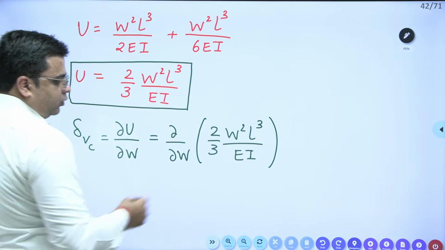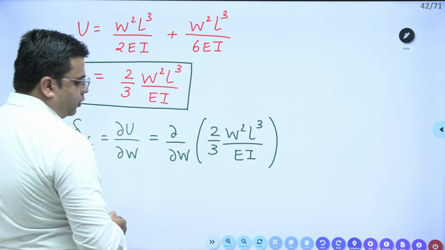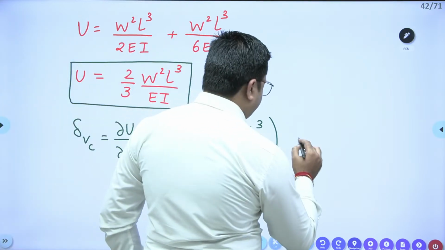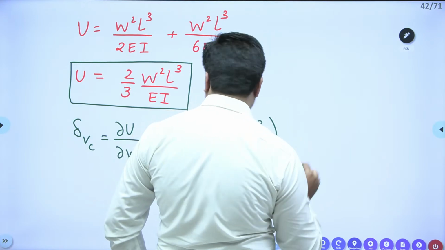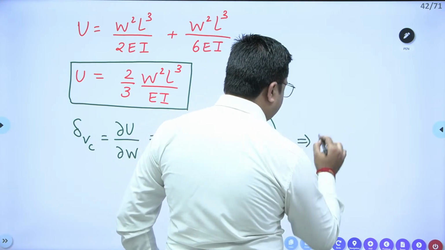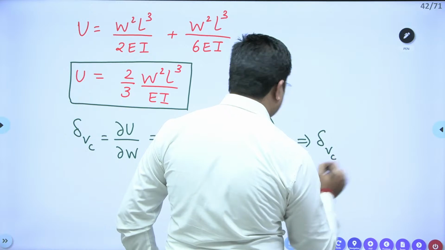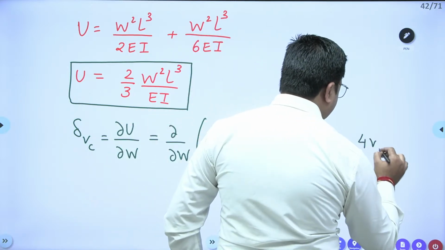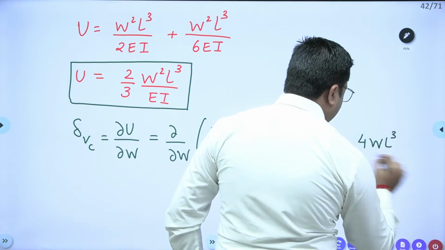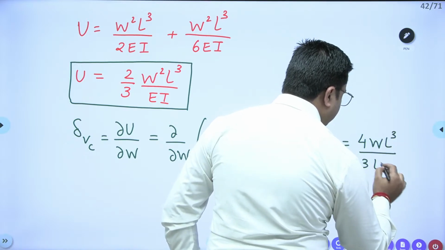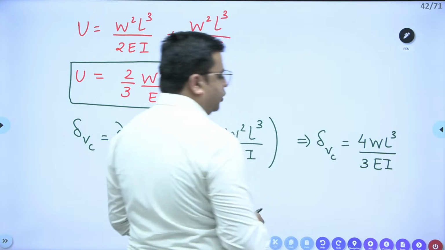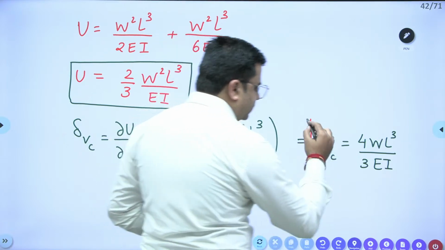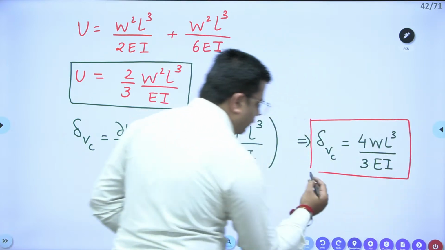So this comes out to be 4 W L cube upon 3 EI. This is the total delta vertical of point C.